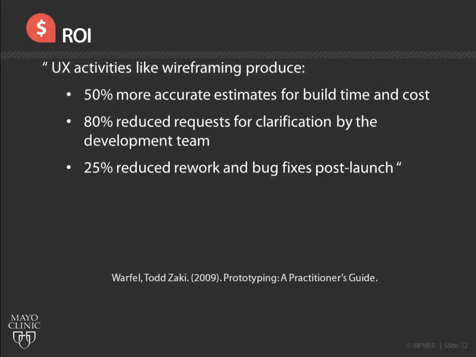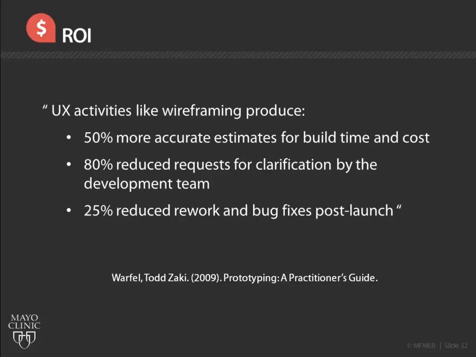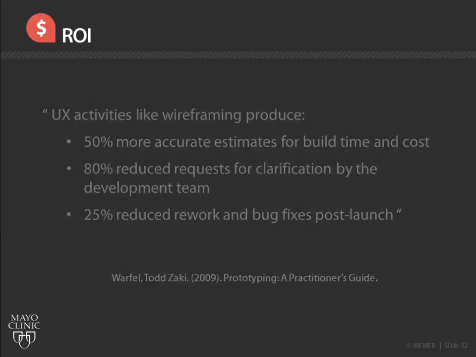Todd Warfel, who is credited with developing one of the most successful design tools for agile and lean workflows, wrote, UX activities like wireframing produce 50% more accurate estimates for build time and cost, 80% reduced requests for clarification by the development team, and 25% reduced rework and bug fixes post-launch.